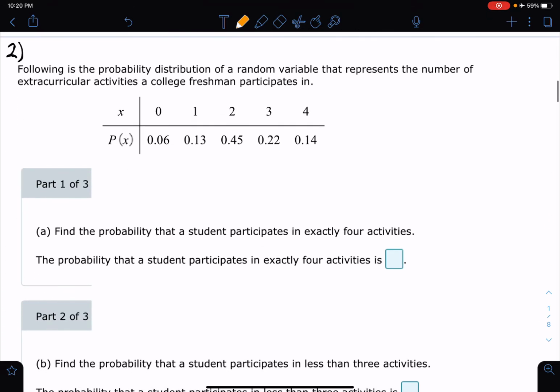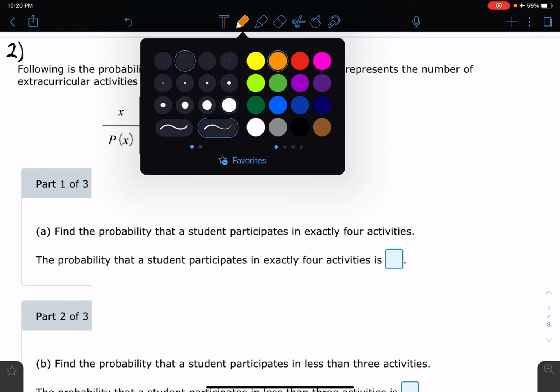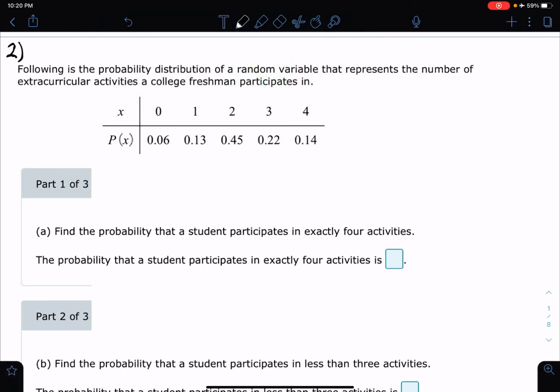And the next question says, following is the probability distribution of a random variable that represents the number of extracurricular activities a college freshman participates in. So what is this saying here? I think I want to kind of separate this so we can hone in a little better in terms of spacing.